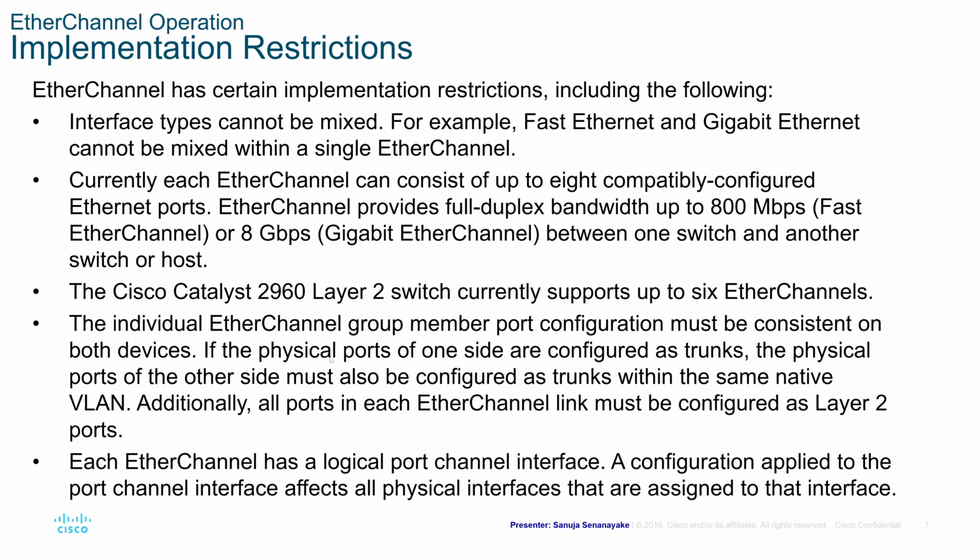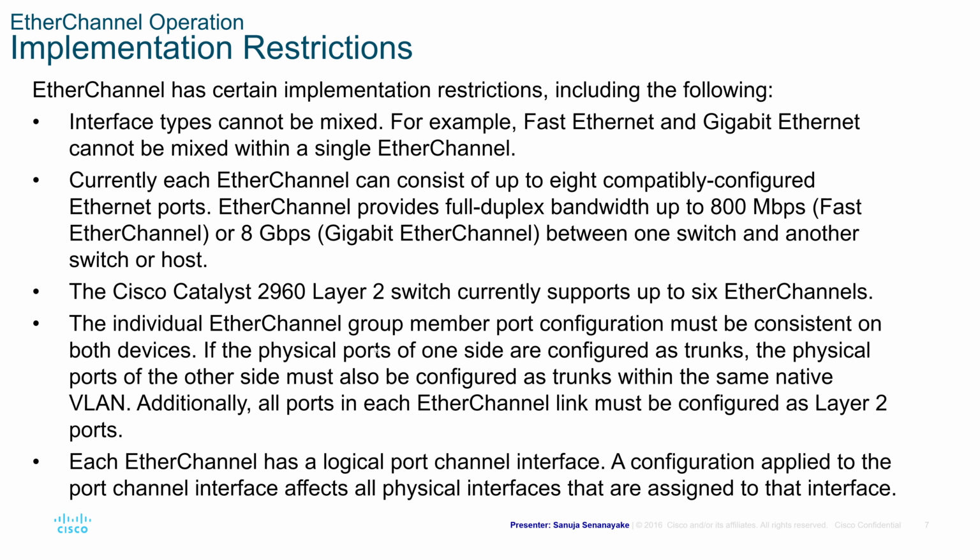The individual EtherChannel group member port configuration must be consistent on both devices. If the physical ports of one side are configured as trunk, the physical ports of the other side must also be configured as trunks within the same native VLAN. That is very important.